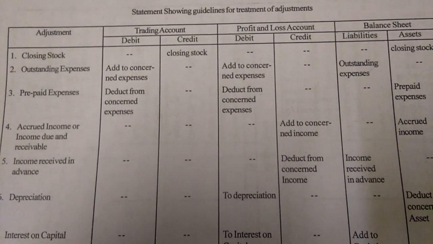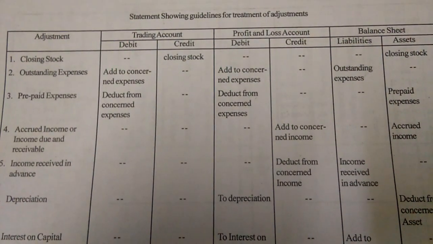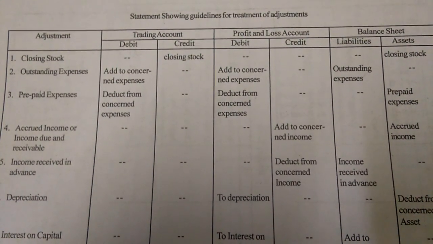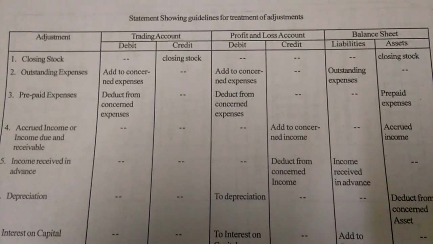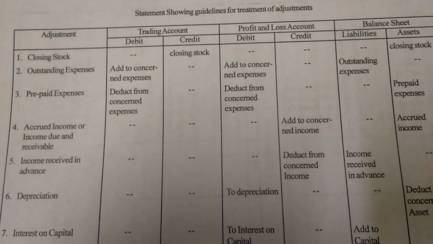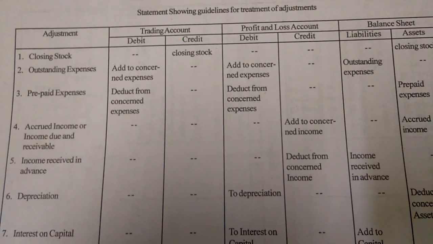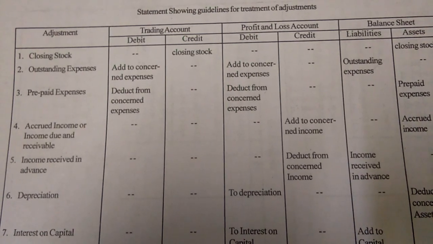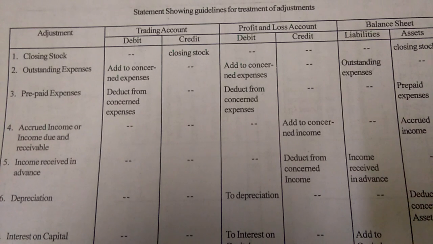First, closing stock. This is credited in the trading account and then written in the balance sheet on the asset side. Next one is outstanding expenses. Debit in the trading account, add to concerned expenses.